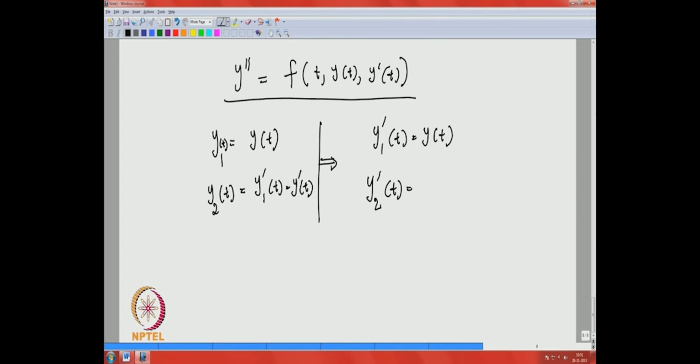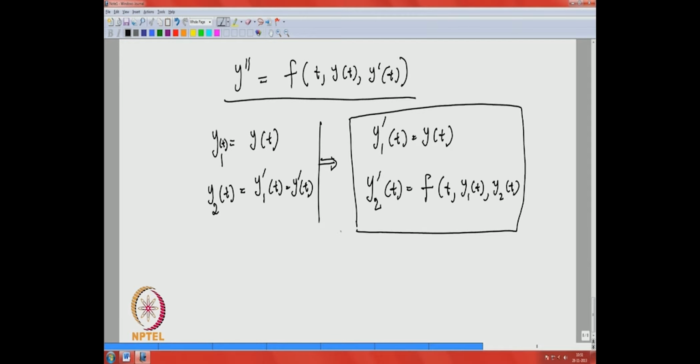So, y double prime of t is nothing but f of t, y1 of t and y2 of t. You see, you have a system of two first order equations.